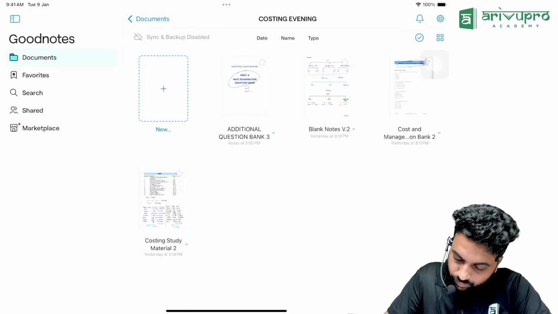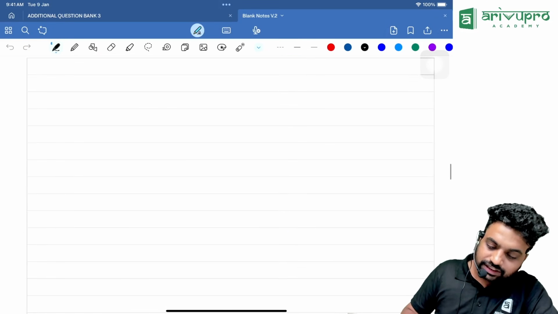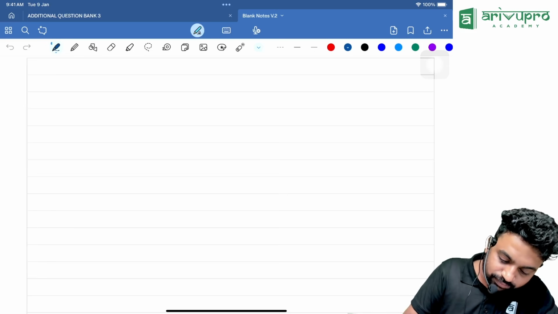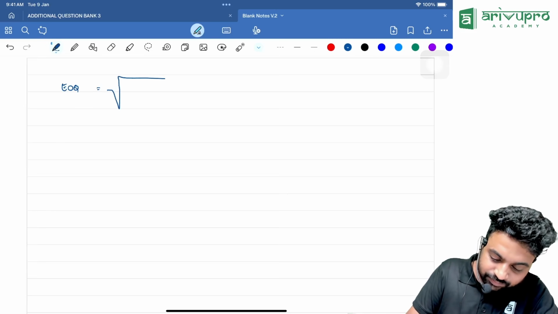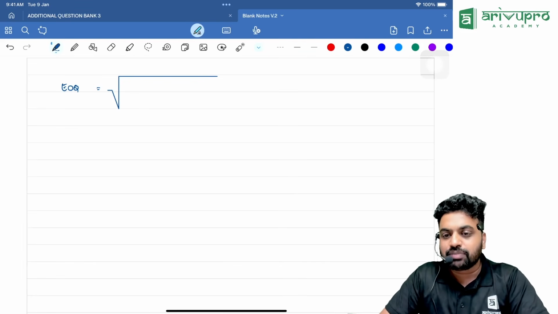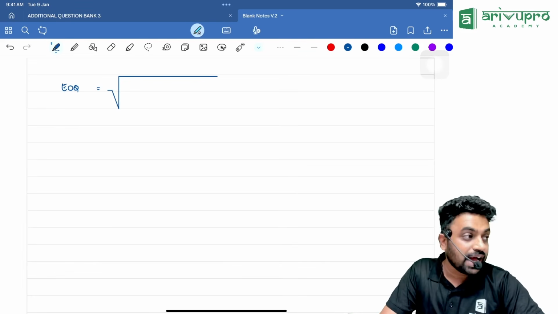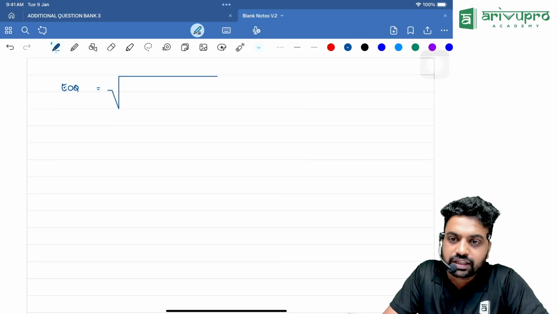So first we have to compute EOQ. EOQ is nothing but square root of 2AO divided by C. A means annual requirement, O means ordering cost per order, C means carrying cost per unit per annum. If you take per month, then instead of annual requirement, you should take monthly requirement.